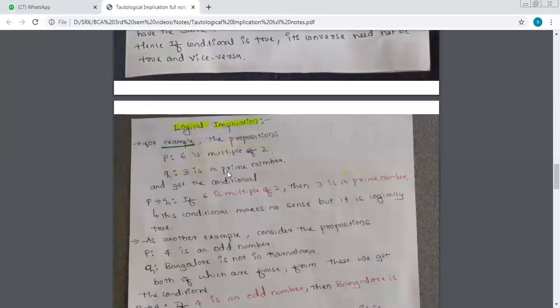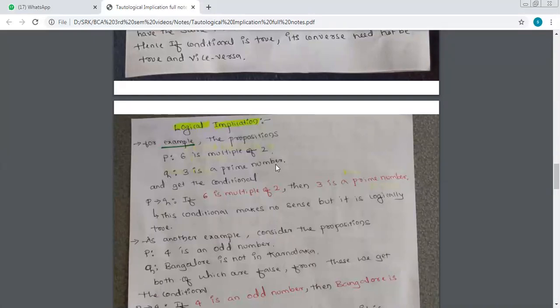Here, two statements or propositions are involved. A proposition can also be called a statement. So there are two primary statements: p, 6 is a multiple of 2, and q, 3 is a prime number.